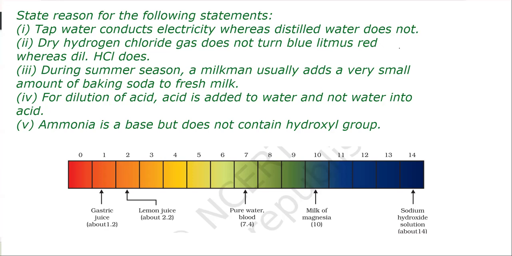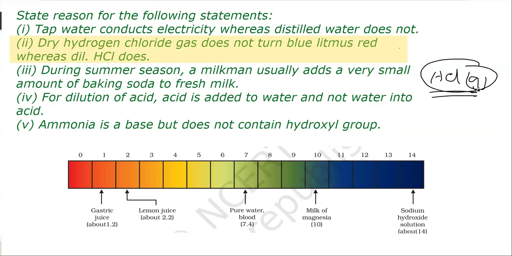Now coming to the next part, that is dry hydrogen chloride gas does not turn blue litmus red, whereas dilute hydrochloric acid does. Now dry hydrogen chloride gas does not turn the dry litmus paper from blue to red, although this gas is acidic in nature.